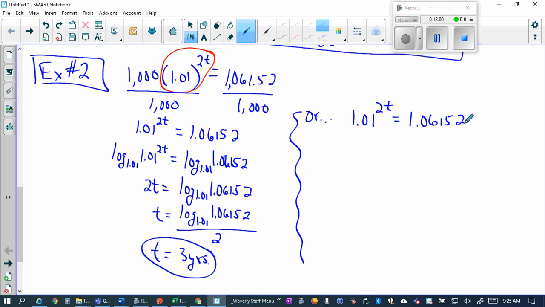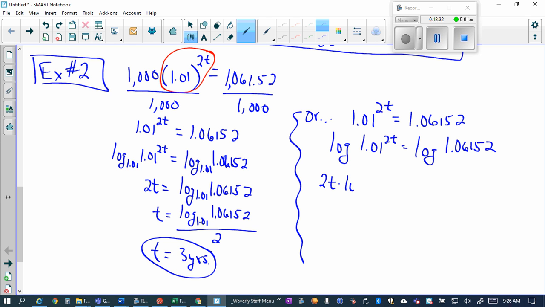So let's take the log base 10 of both sides. But that exponent rule, right, that 2t up there, remember I can move that out to the front, can I? Remember that rule? So I could rewrite this like that.